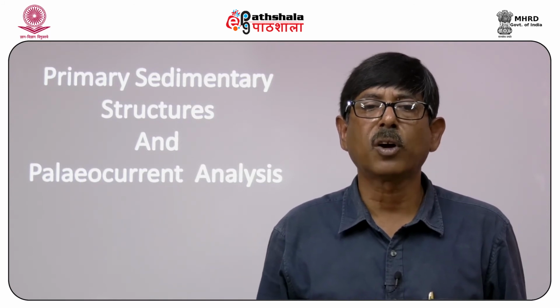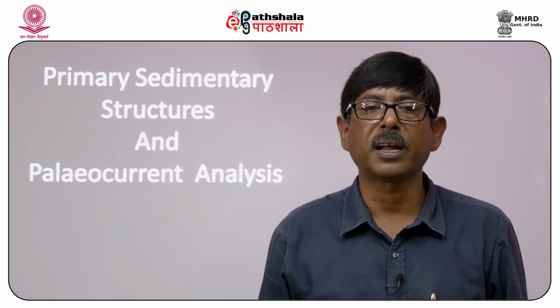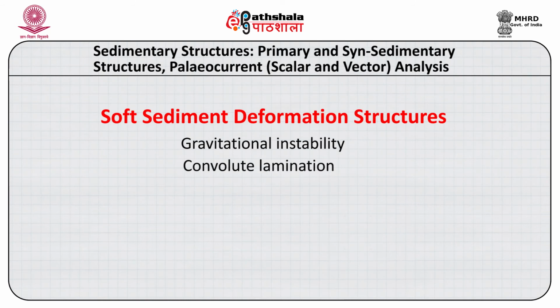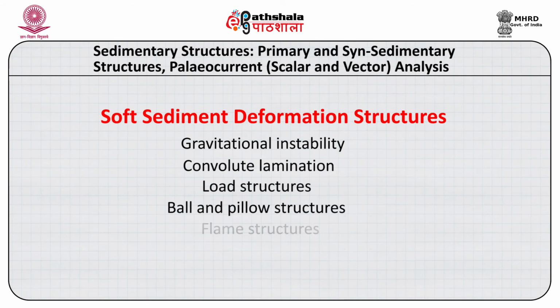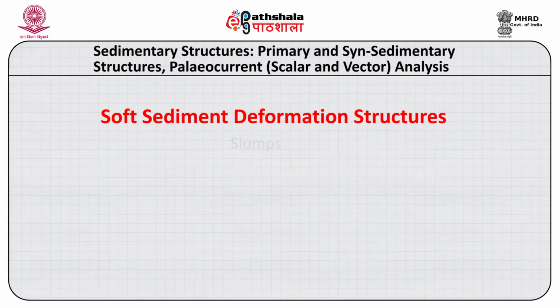Examples of this sort of structure are convolute, load structure, ball and pillow structure, flame structure. The structures which are formed by downslope movement are slump and growth faults. Because of fluid flow, some structures are also produced, as for example overturned crossbedding.